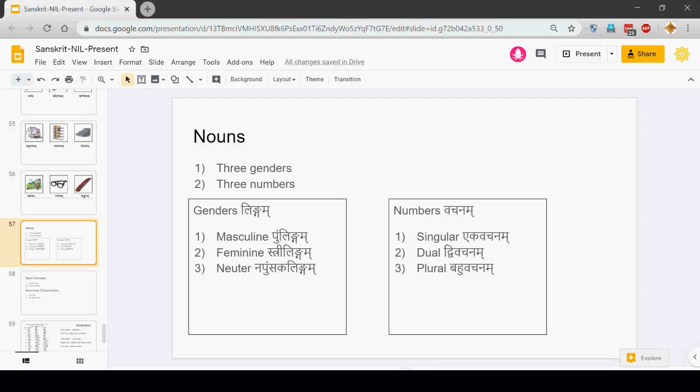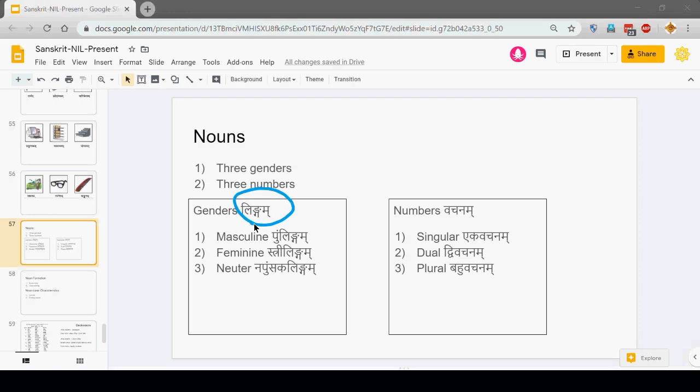In the Sanskrit language, a noun can be of one of three genders. There are three genders, what we call lingam in Sanskrit. I have written that here, so you can start practicing identifying those letters in Devanagari.